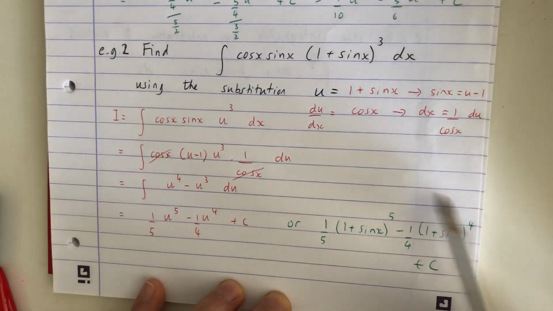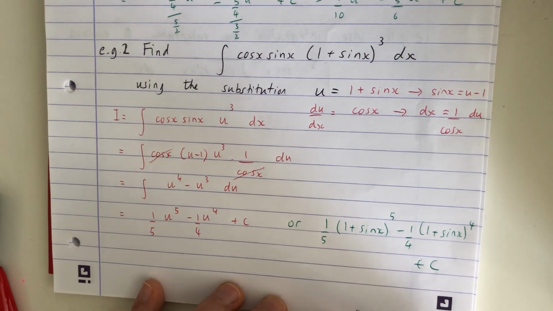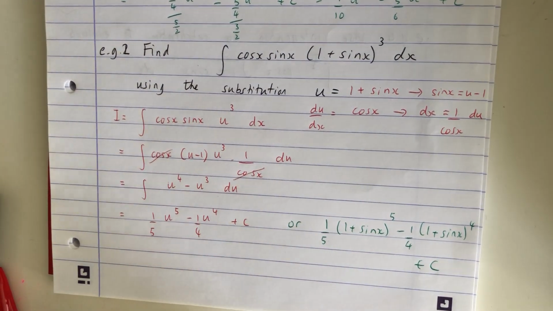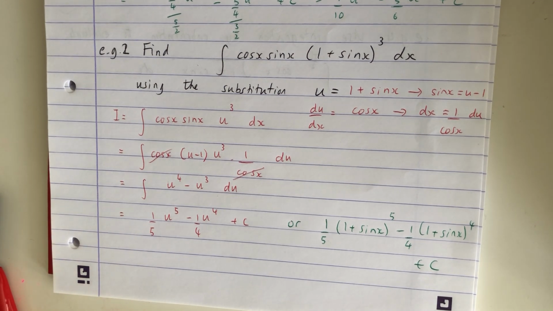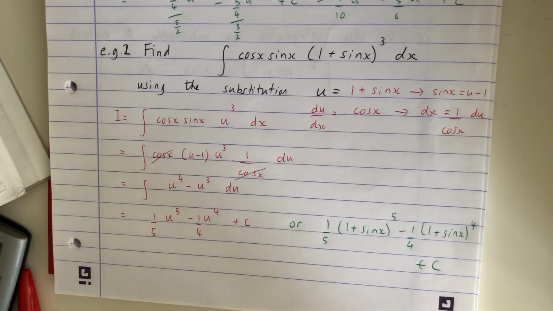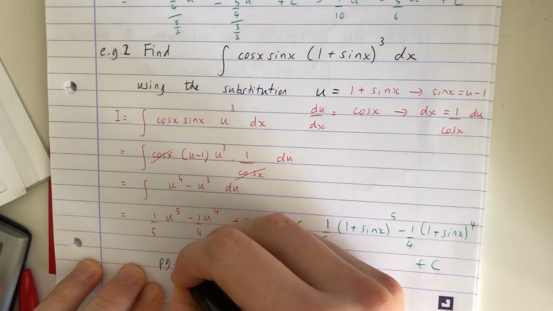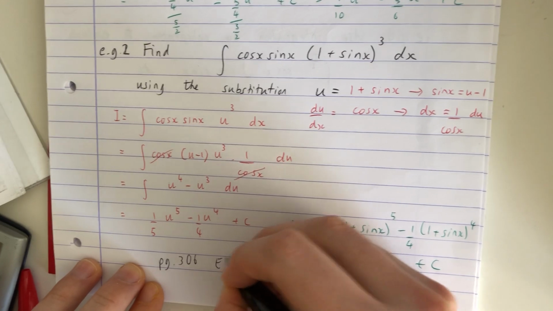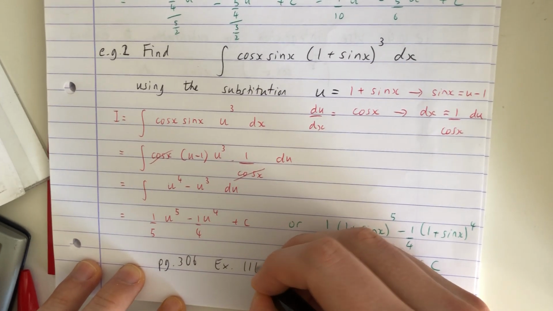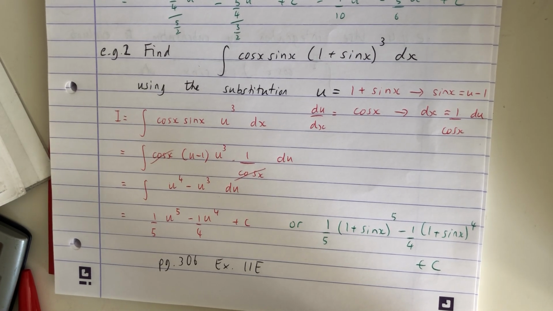And yeah, again, there's no way anyone's going to guess what this was from the start, so you have to use this substitution. Now, I want you guys to try some questions from the textbook. So if you find page 306, exercise 11E, most of these they're going to give you the substitution, but there's a few of them where they don't.